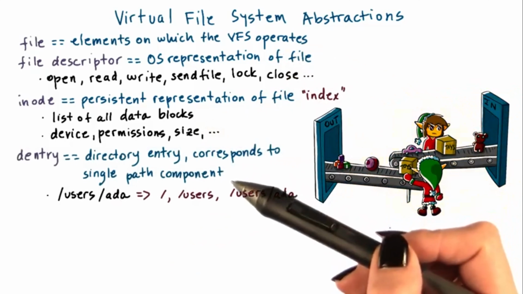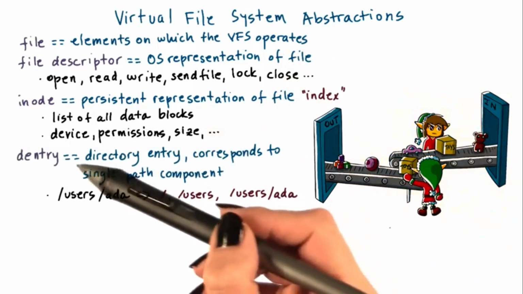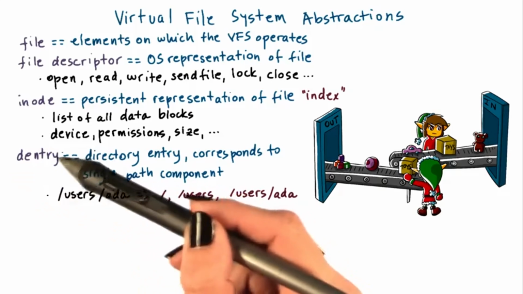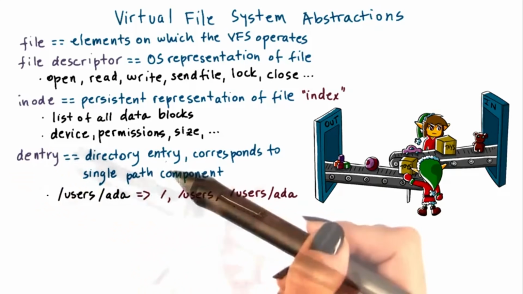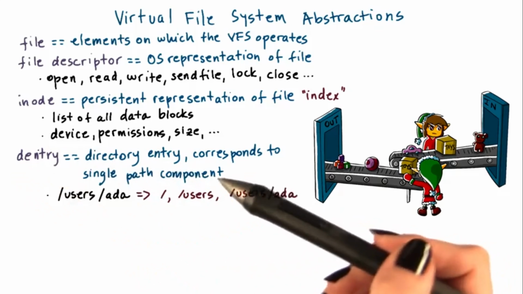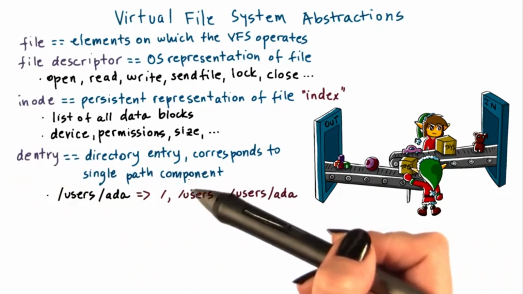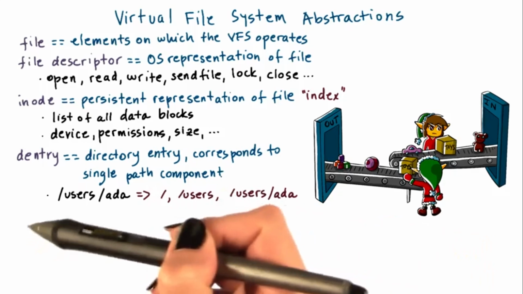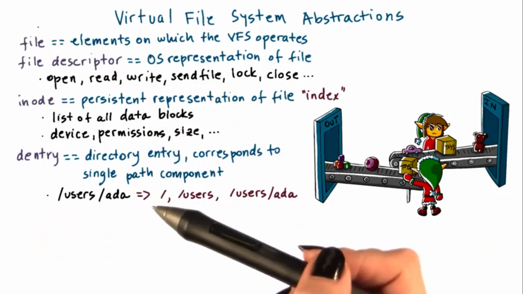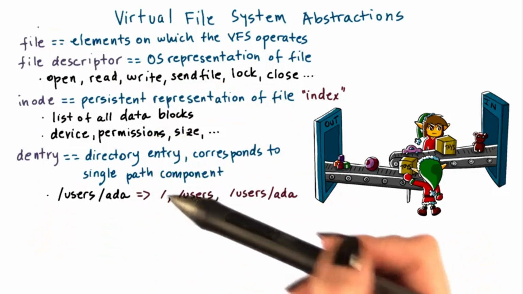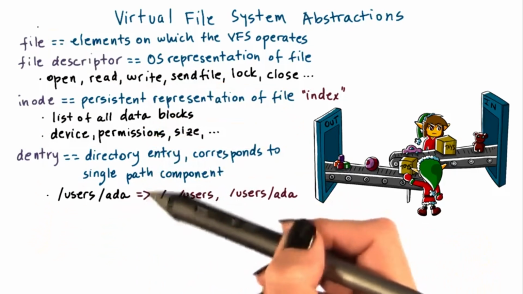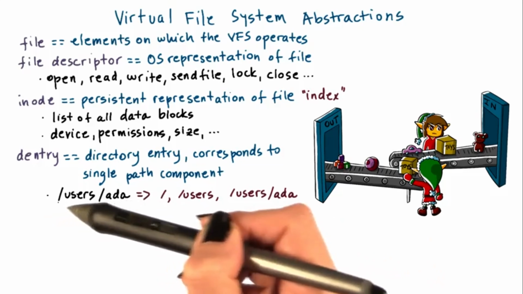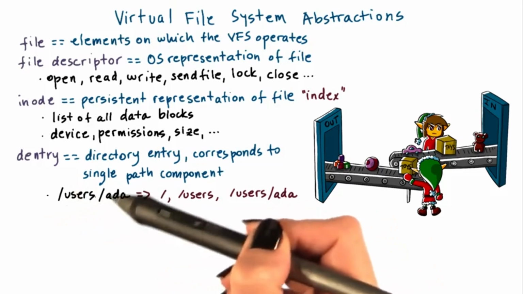To help with certain operations on directories, Linux maintains a data structure called dentry, which stands for directory entry, and each dentry object corresponds to a single path component that's being traversed as we're trying to reach a particular file. For instance, if we're trying to reach a file that's in the directory named ada, we would have to traverse this path, /users/ada.